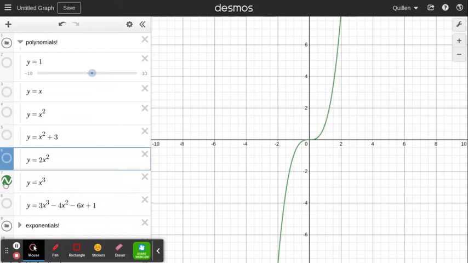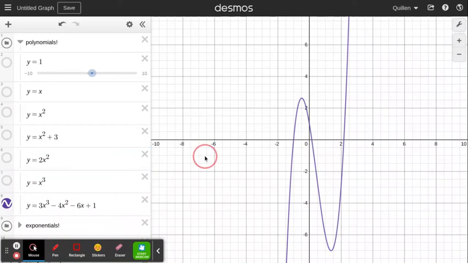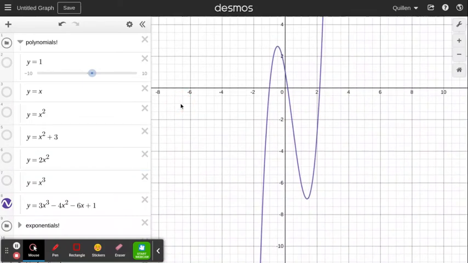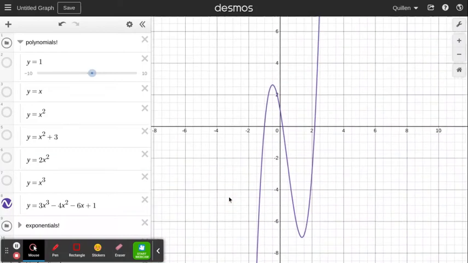Now, the important thing about polynomials is that you can combine them. Everything that you add will have some influence. So the most dominant part, the most influential part, is the x with the largest, greatest exponent.